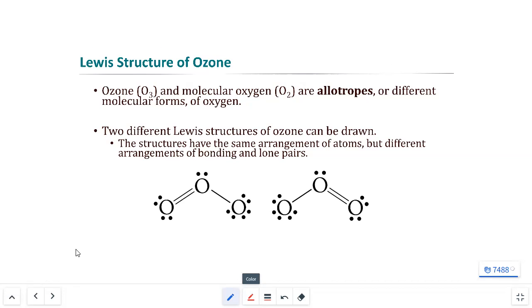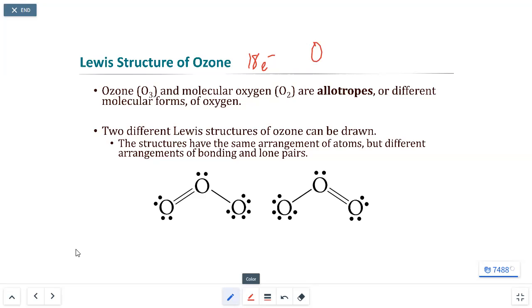All right, let's take a side trip for a minute. Now, if we go through the process of drawing ozone, O3 would have 18 valence electrons.